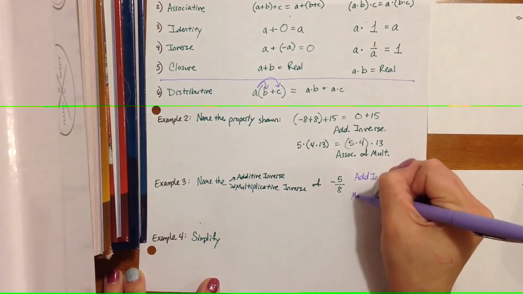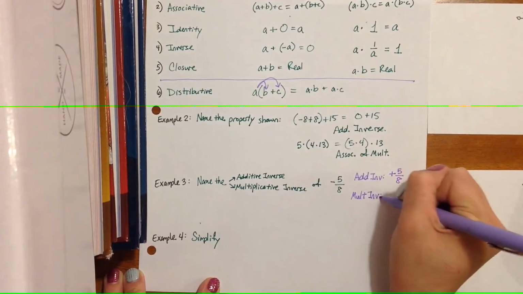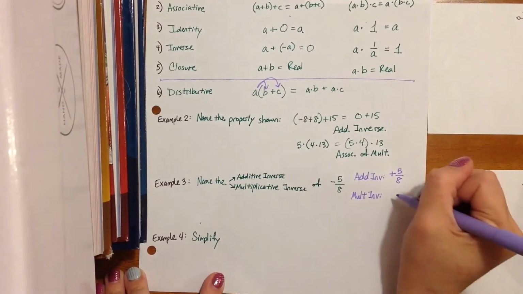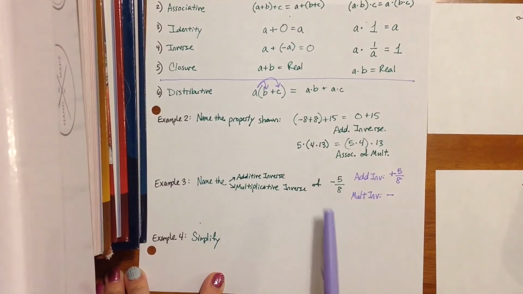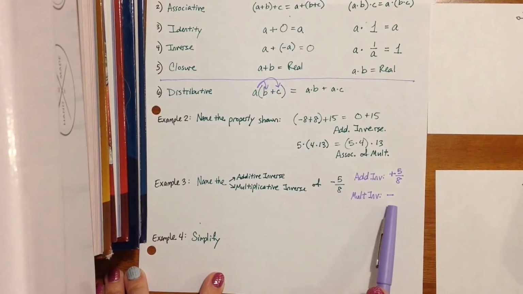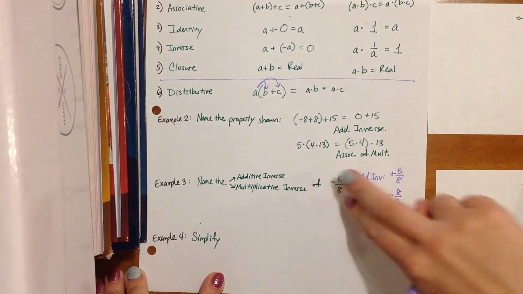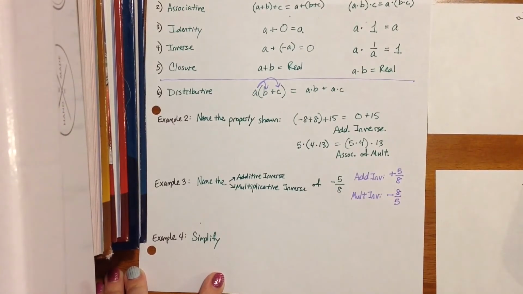Then when we talk about the multiplicative inverse, I need to multiply by something to get me back to 1. And what do I need to multiply by? Still need a negative, because it needs to be a positive one. Negative times a negative gives me that positive. I need to multiply by the reciprocal. So I have flipped the fraction, -8/5.